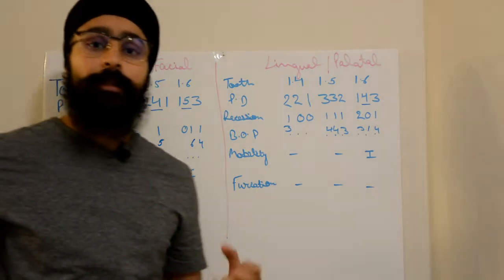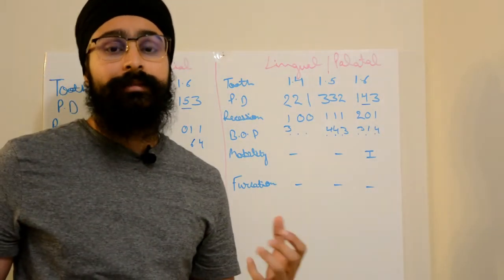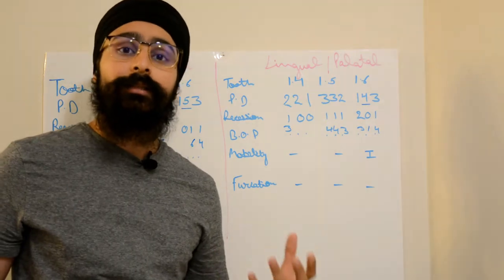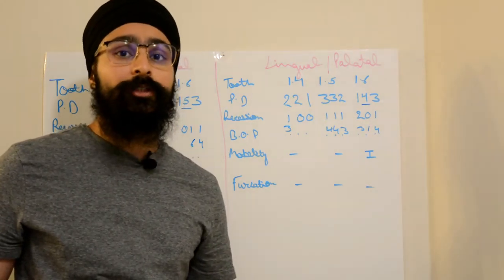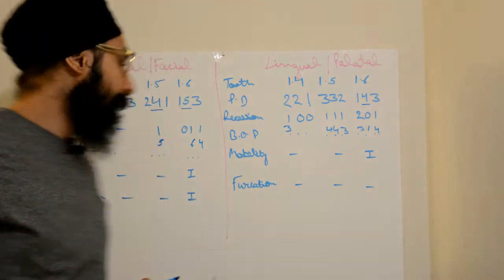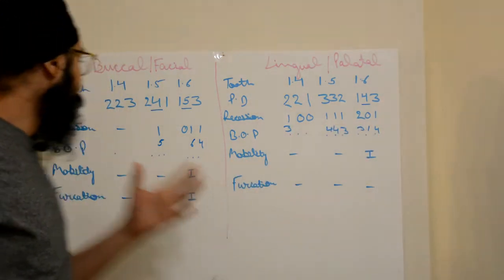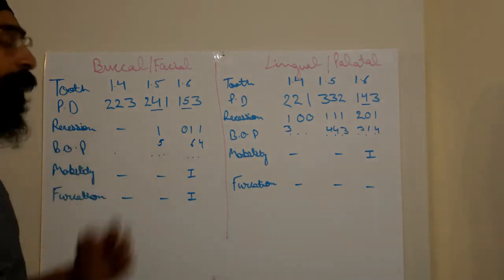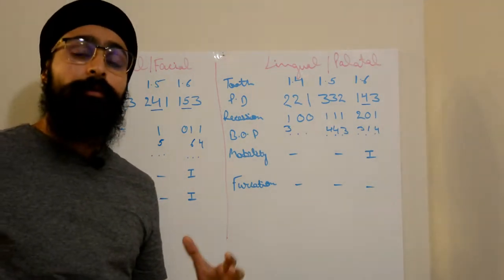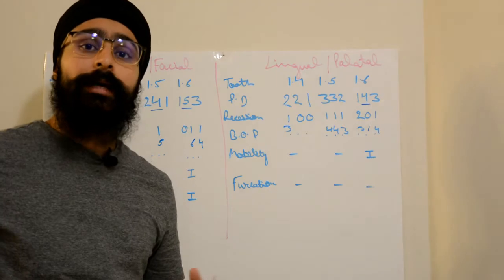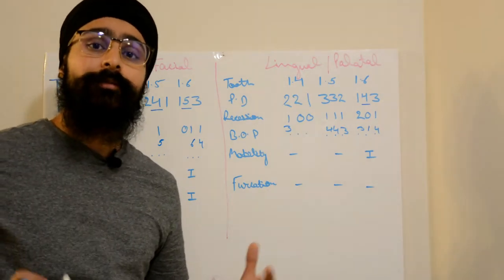Along with the additional information, for example, there is ulceration of the papilla, there is bad odor from the patient's mouth, you will see that there is bleeding all over present, but there is no bone loss, there is no recession. In that kind of scenario, you will come to the diagnosis of necrotizing ulcerative gingivitis.